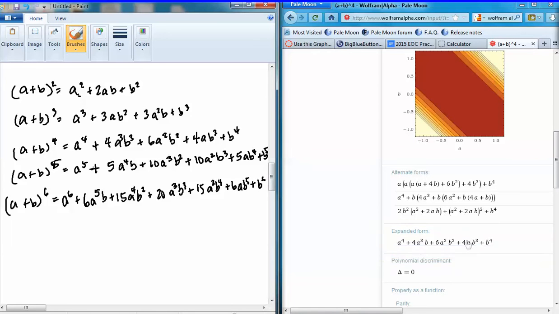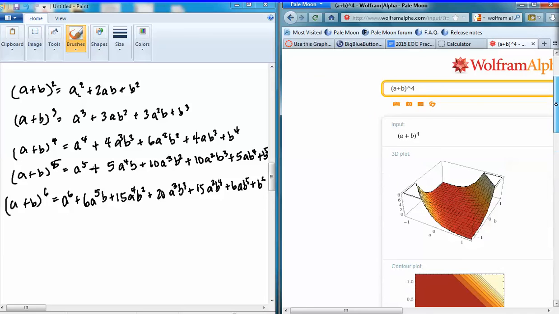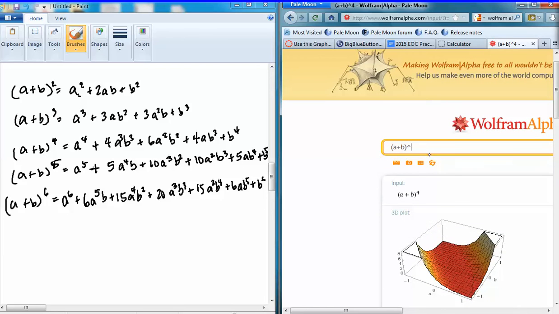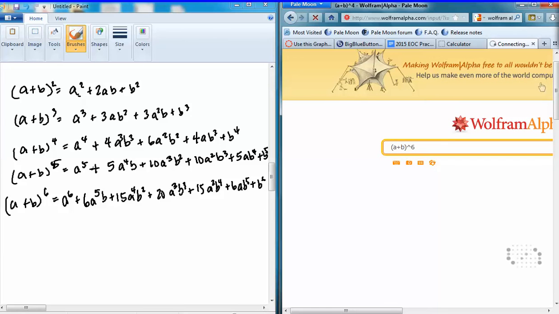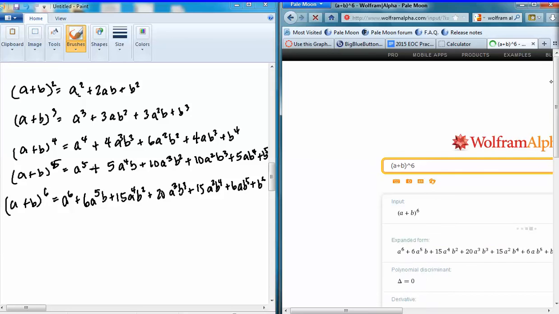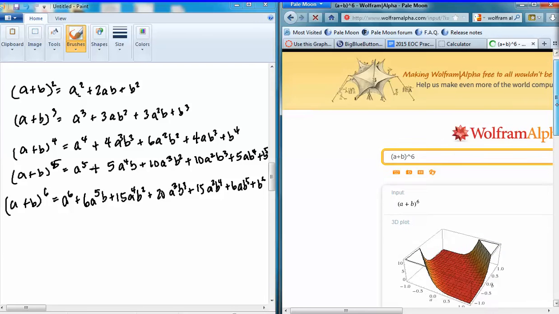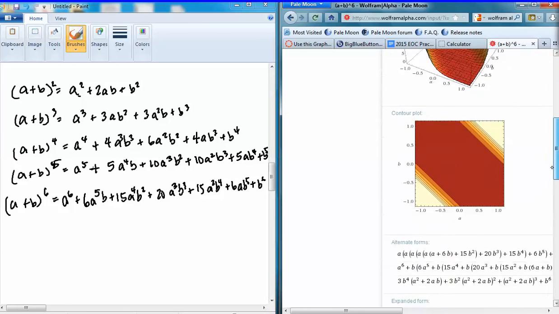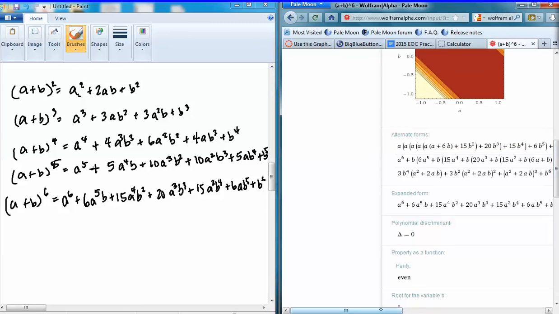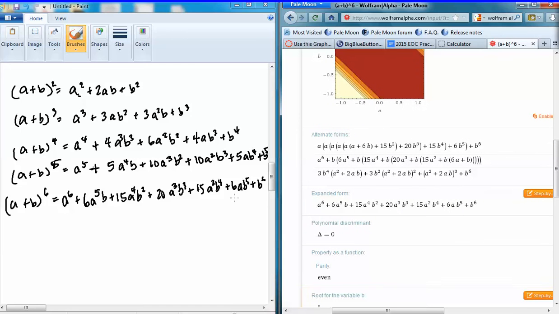And if you don't believe me, which I would suspect that you don't, let's see what Mr. Wolfram has to say about it. Look, I got the same exact answer that he got.